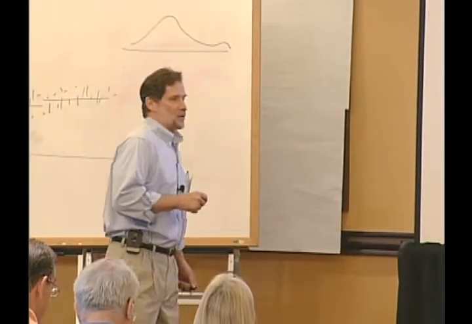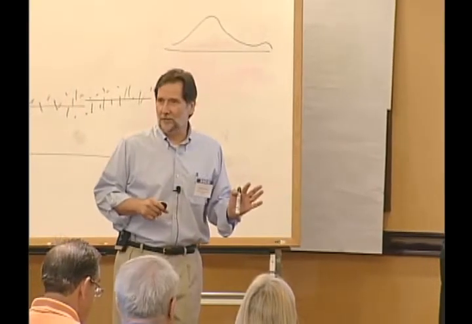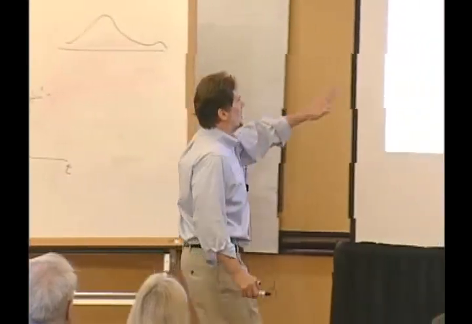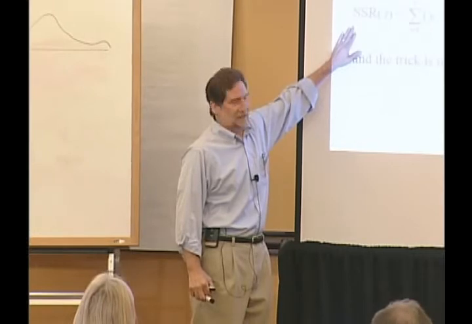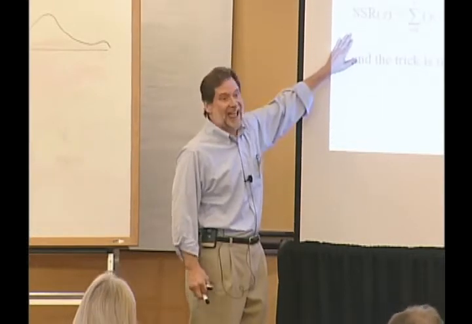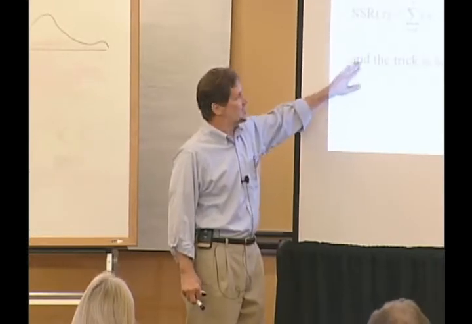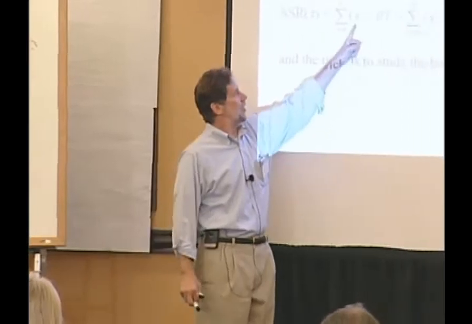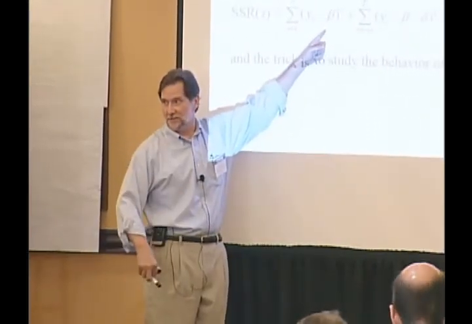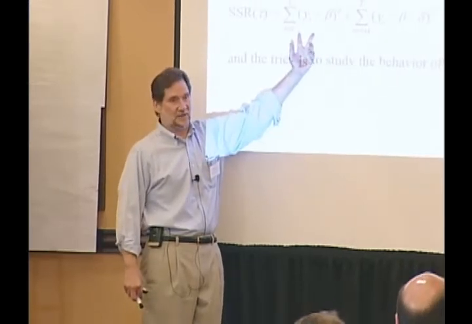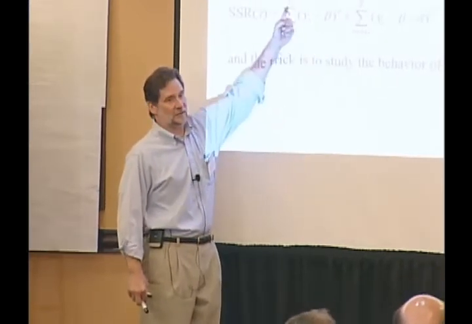Here's what we're going to do. We're going to consider, again, least squares estimators. What are least squares estimators? Well, here's the sum of squared residuals. If I assume the break date is tau, the sum of squared residuals is, well, y_t minus beta. That's what's going on in the first regime, so that's the sum of squared epsilons between time period 1 and time period tau.